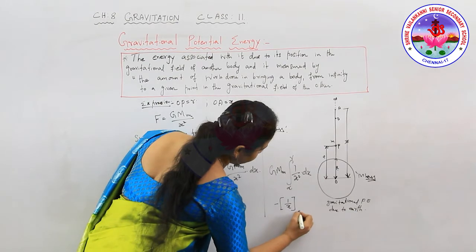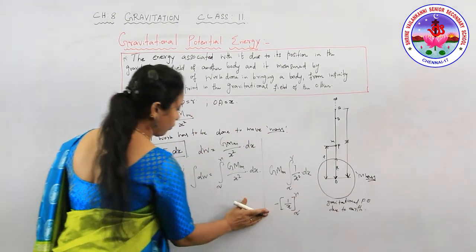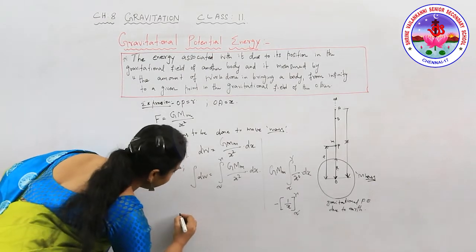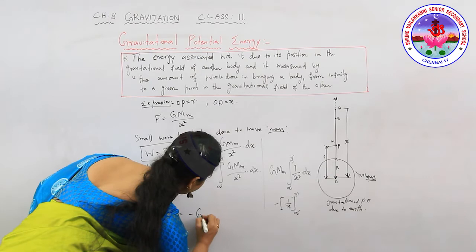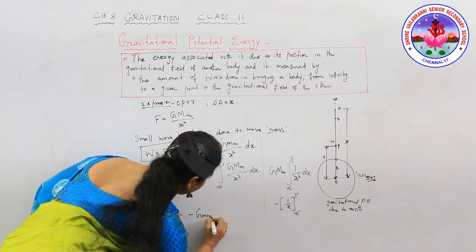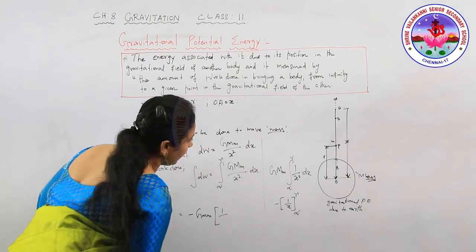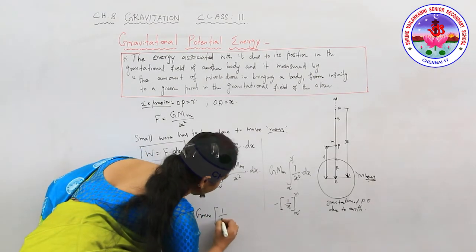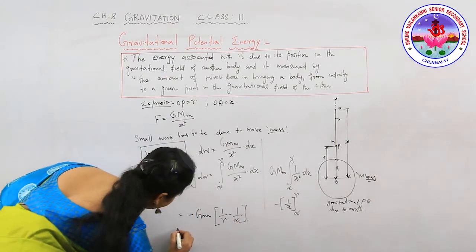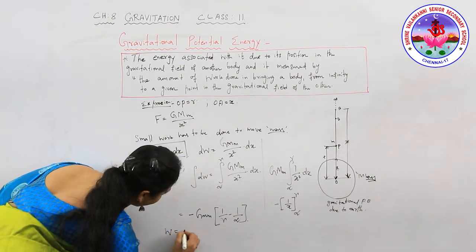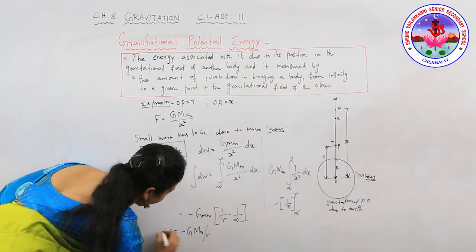So you have to apply the limits, lower limit infinity, upper limit R. You will get minus of GMm into 1 by the upper limit minus 1 by the lower limit, so 1 by R minus 1 by infinity. So you will finally get the work done W equal to minus GMm by R.